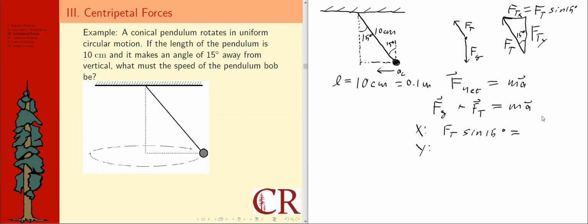What can I set that equal to? Maybe I can just set that equal to ma, but I'm not sure if I'm being careful enough here. That is a centripetal acceleration. It has a direction. It's to the left. So there's one thing. I think I forgot to put some minus signs in here, but it's a centripetal acceleration, so I'm just going to throw in v squared over r, recognizing again that the centripetal acceleration is equal to v squared over r.